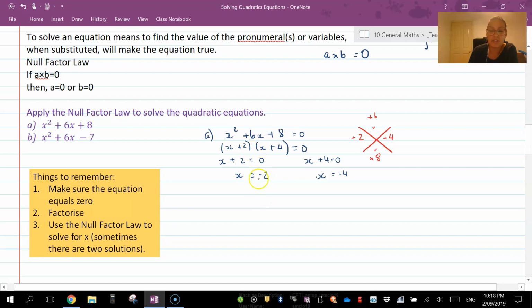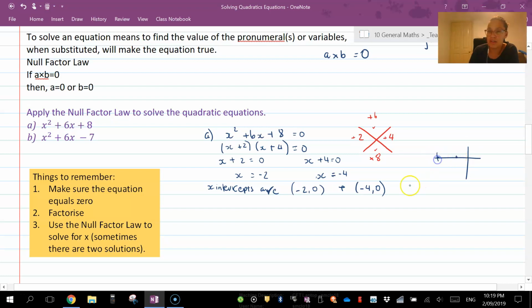So in this case I've got two solutions, the points -2, 0 and -4, 0.